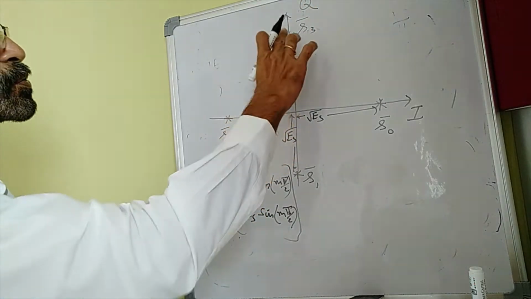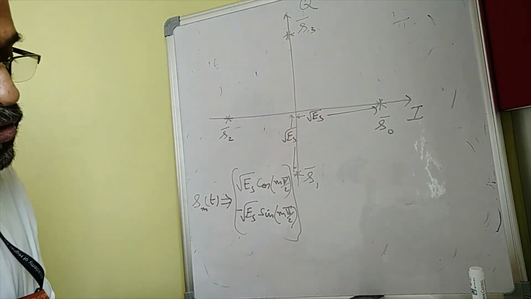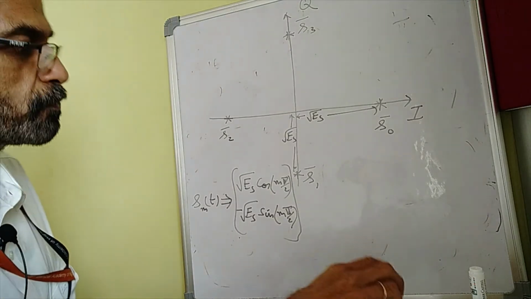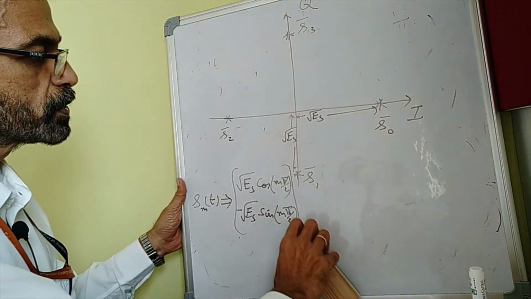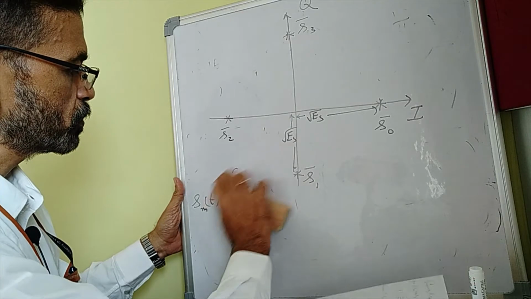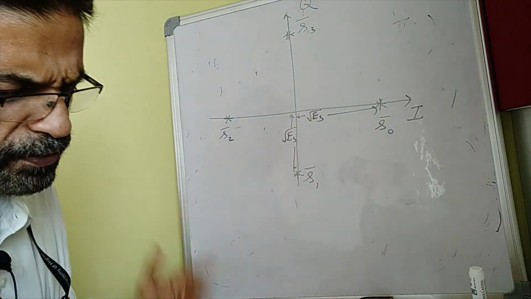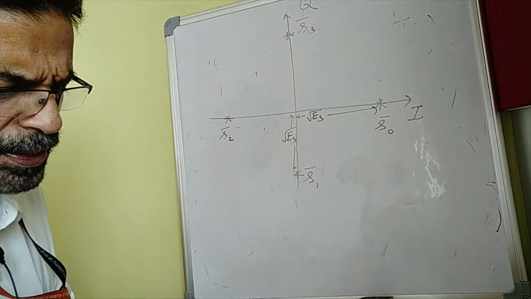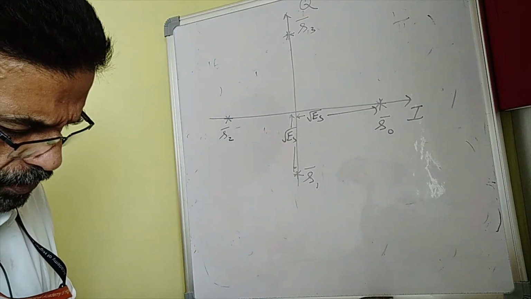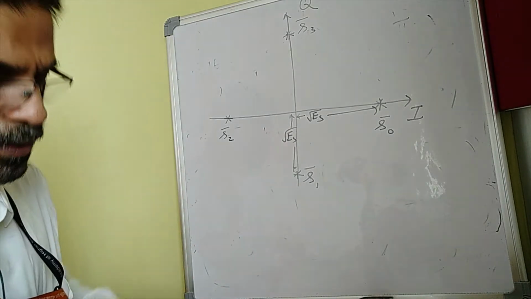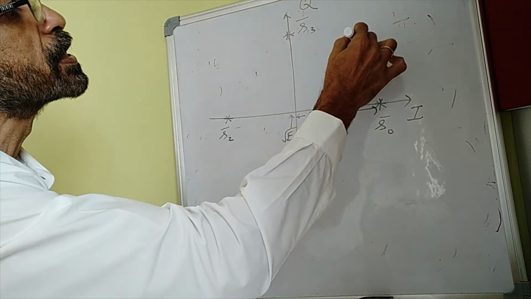So this is the constellation of the QPSK which we have discussed now. This is the signal space and the constellation. And the difference we can see is that the previous one had a constellation like this.